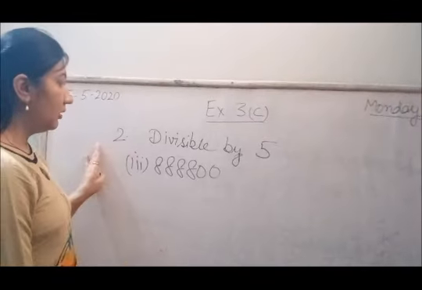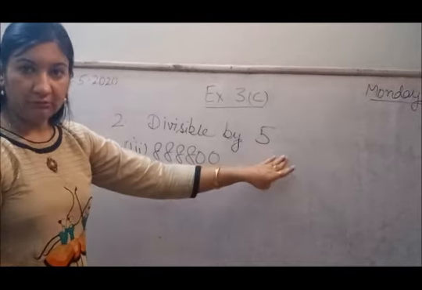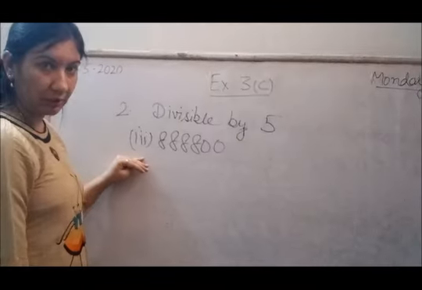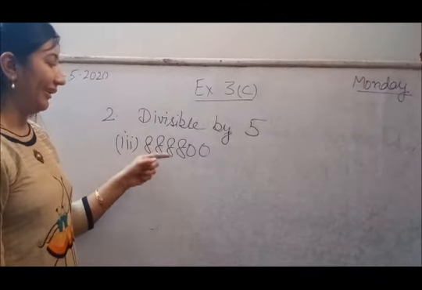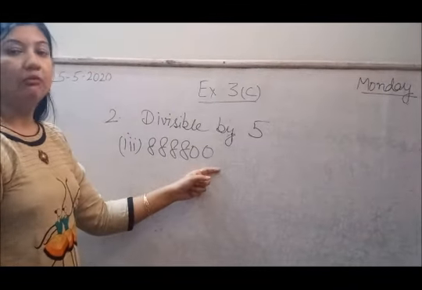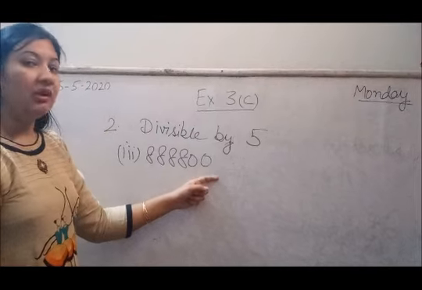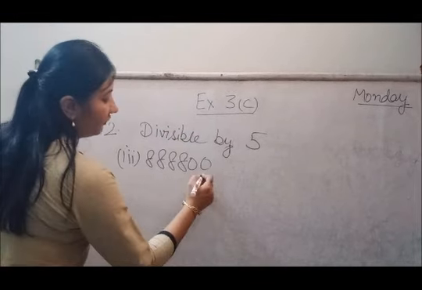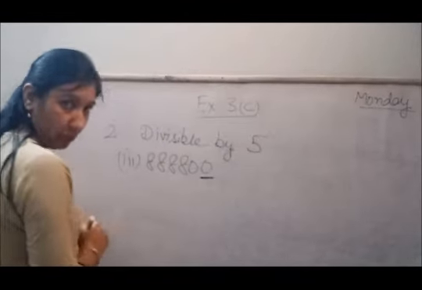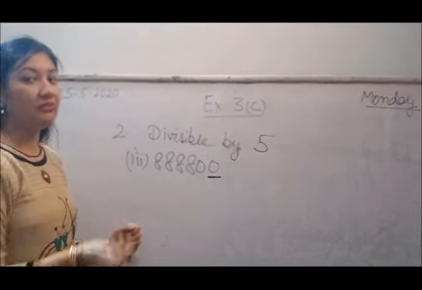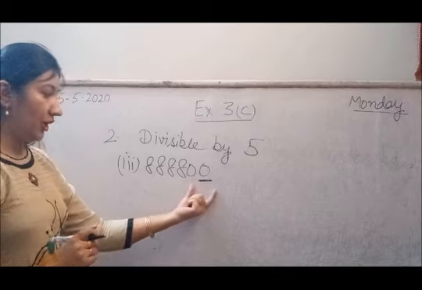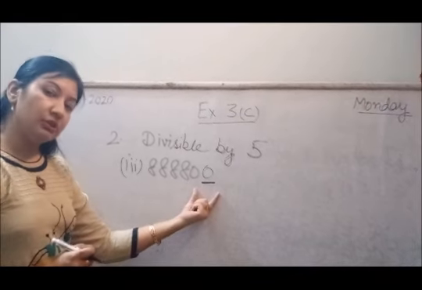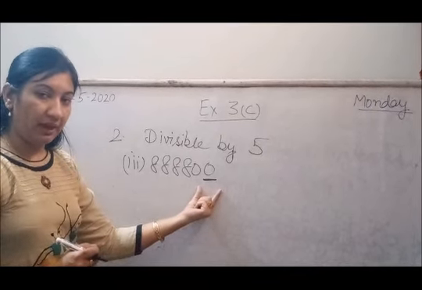Now second sum, you have to check divisibility by 5. I am solving the third part of this sum here. In the third part, this is given to you: 8,88,800. What was the divisibility rule of 5? Again you have to check the last digit. The last digit is 0. If the last digit is 0 or 5, then the number is divisible by 5. So here the last digit is 0, so this number will also be divisible by 5.